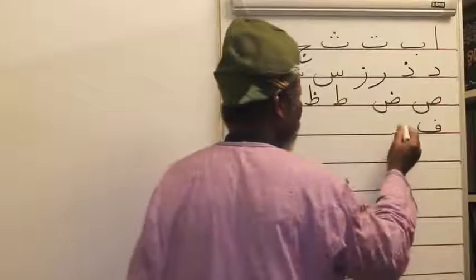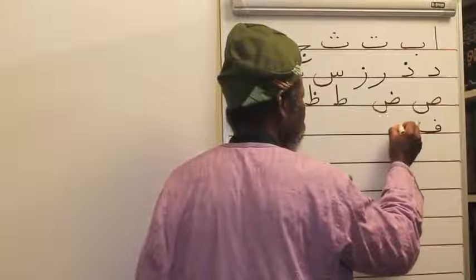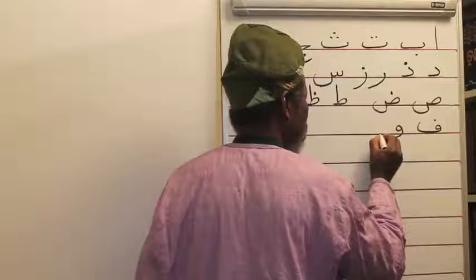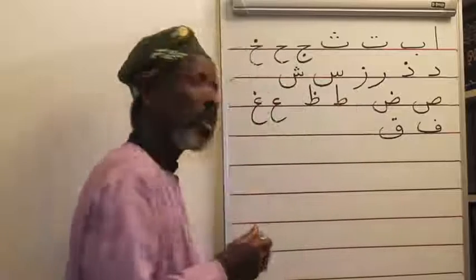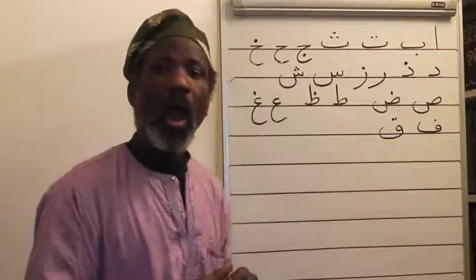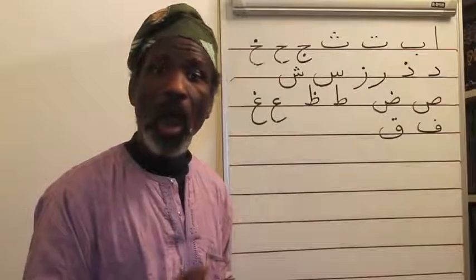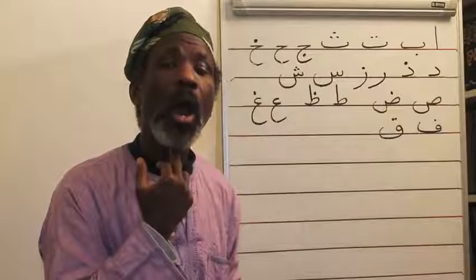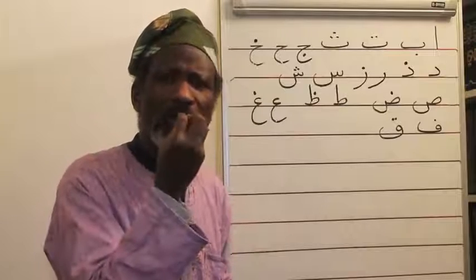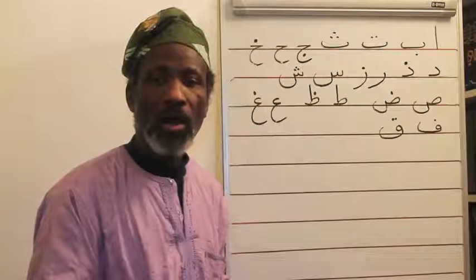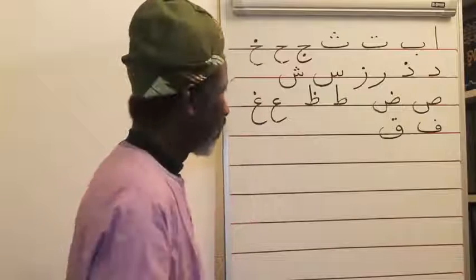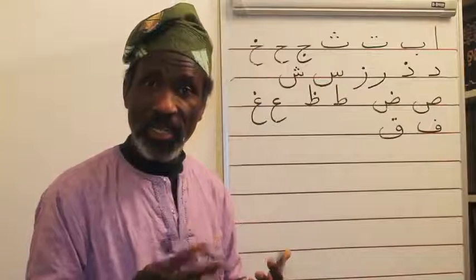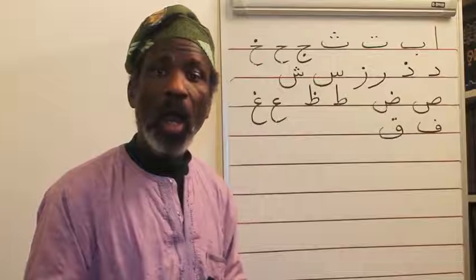The next in the family, slightly deeper than the Fa, so you have two dots on top of it, and that's Qaf, like in the coffee, coming back from the throat, with your mouth slightly open. Qaf. So Fa, that's easy, and then Qaf.